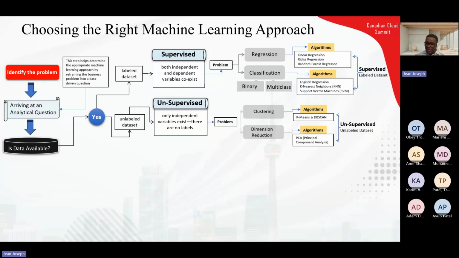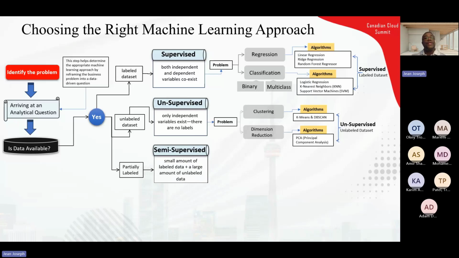Now, consider, team, if we have, for example, partial labels. There are cases where, in your data set, you may have a small amount of labeled data mixed with a large amount of unlabeled data. So with that said, you cannot think of unsupervised machine learning. Instead, it has to be semi-supervised. Semi-supervised machine learning helps us make the most of both.